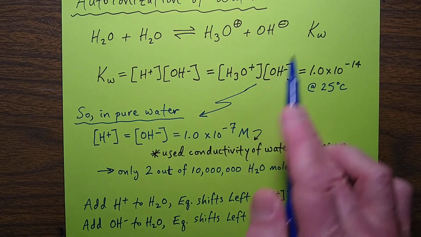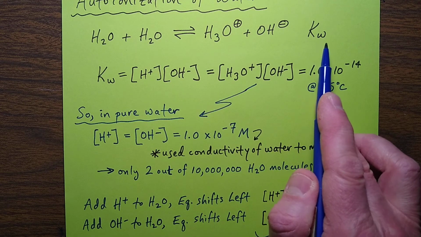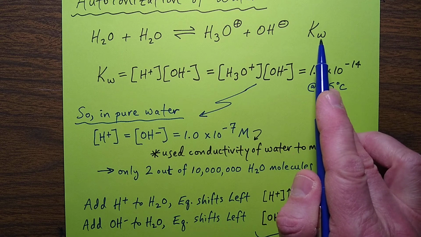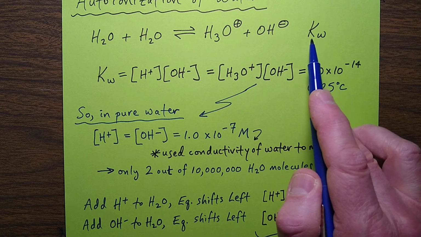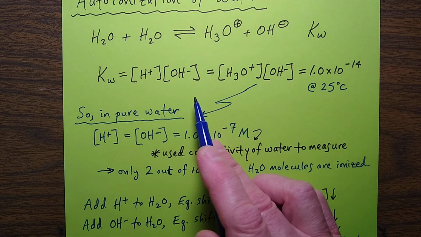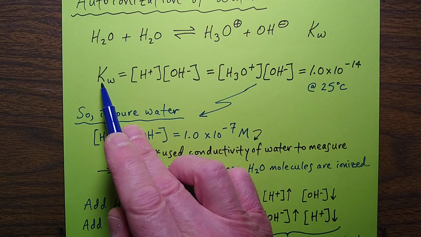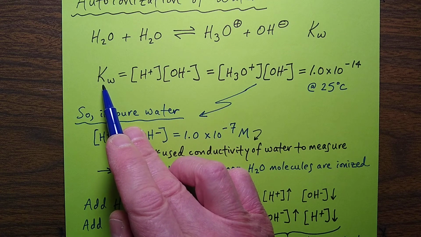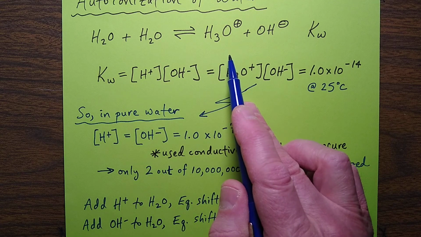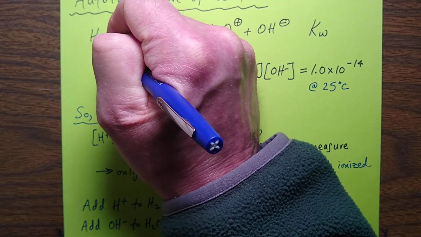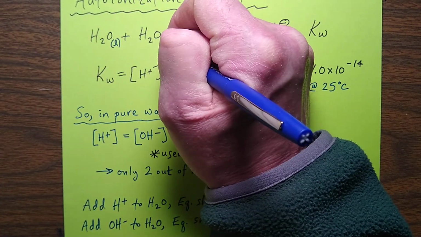And that's this number here. It has this equilibrium constant we call subscript W because it's water, K sub W. So that's an equilibrium constant just like the equilibrium constants we've been talking about all along, Ka, Keq, whatever. Notice in this reaction, I didn't write it, but water is a pure liquid.